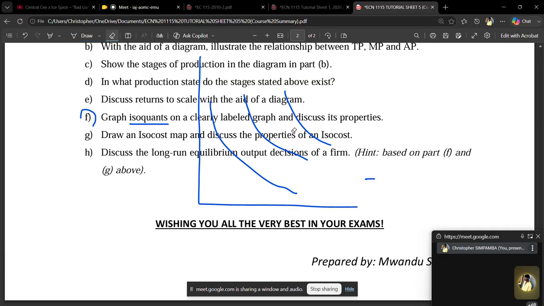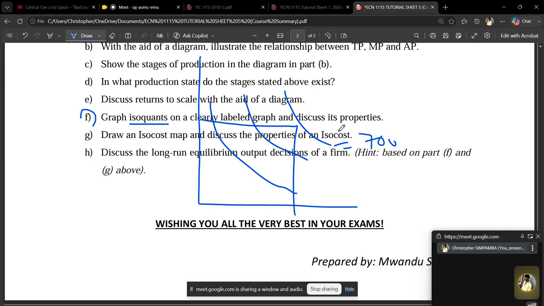The third property is that isoquants that are further away from the origin are considered more productive than the other, because they use more inputs and will have a higher level of output coming out from there.